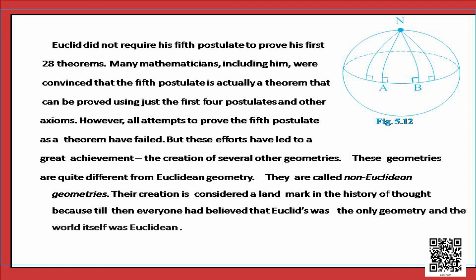But these efforts have led to a great achievement, the creation of several other geometries, quite different from Euclidean geometry. They are called non-Euclidean geometries. Their creation is considered a landmark in the history of thought, because till then everyone had believed that Euclid's was the only geometry and the world itself was Euclidean.